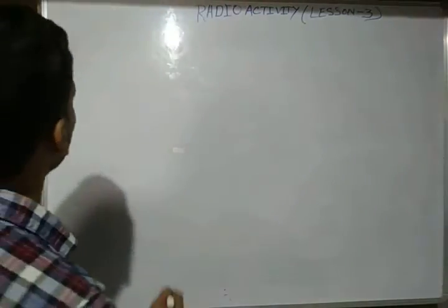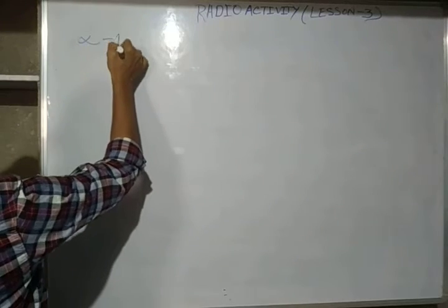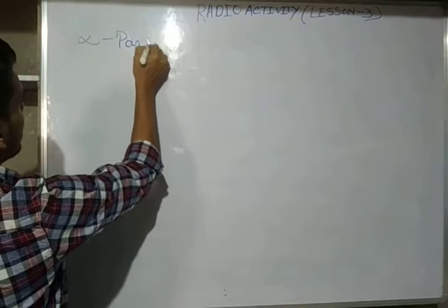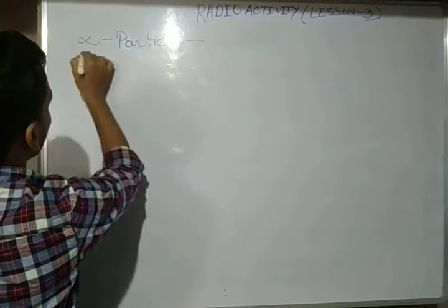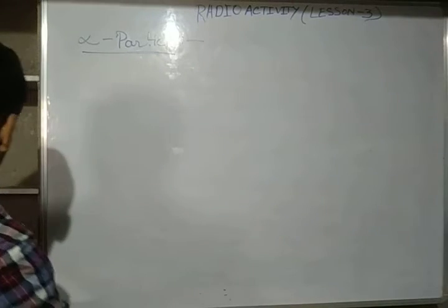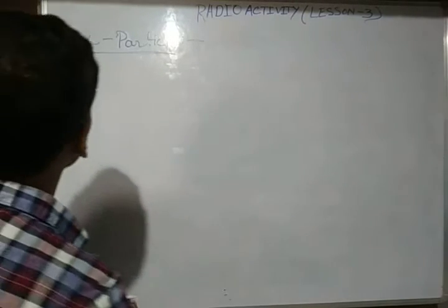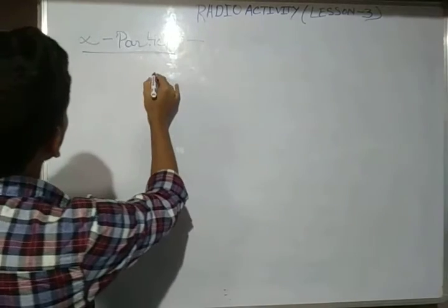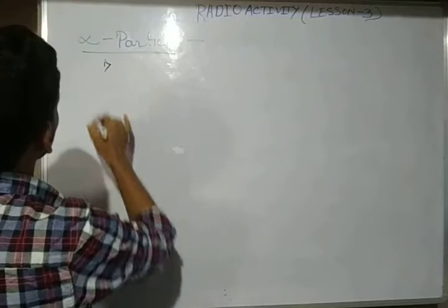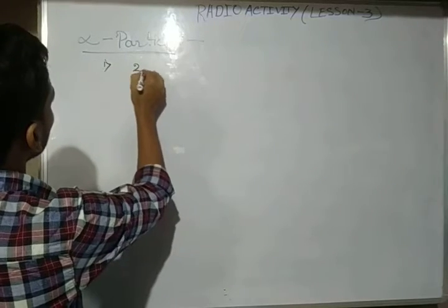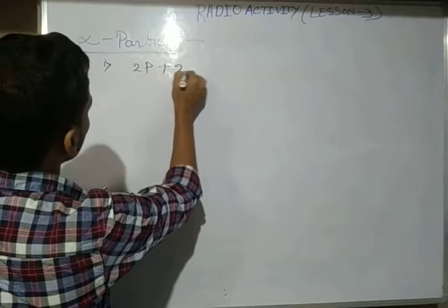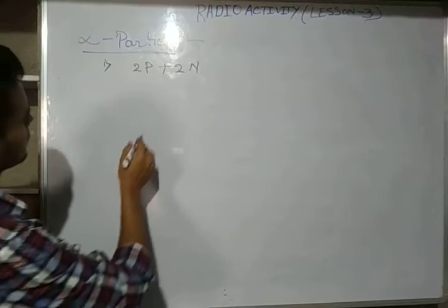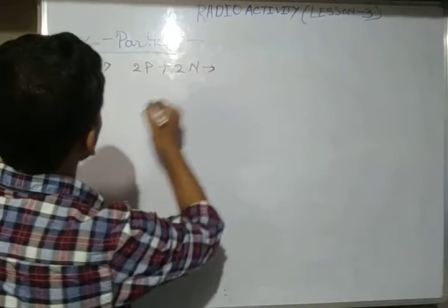Let's start with alpha particle. We know that alpha particle consists of 2 protons and 2 neutrons.